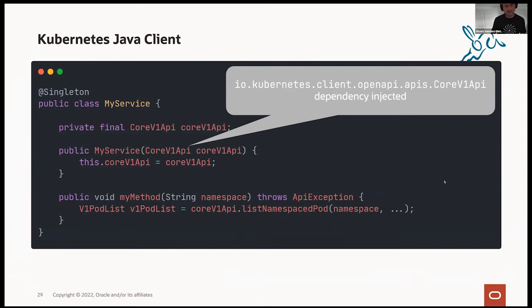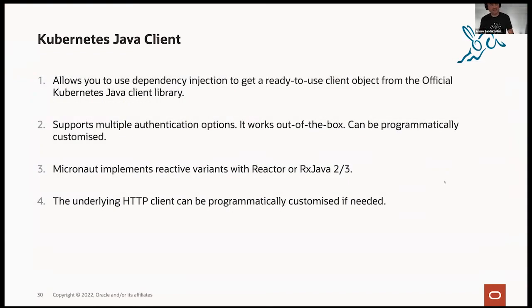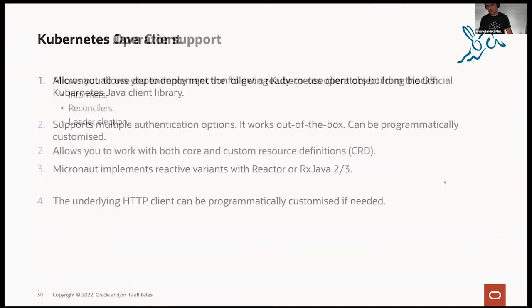In this case, we have a class which is annotated with @Singleton, meaning it's a bean, and you can inject, in this case, CoreV1Api, an official Kubernetes client dependency, and we will inject that for you. You can customize the underlying HTTP client. We have a wrapper using reactive types with Reactor and RxJava 2 and 3. So there are many options around this.